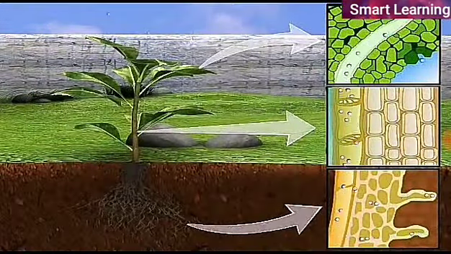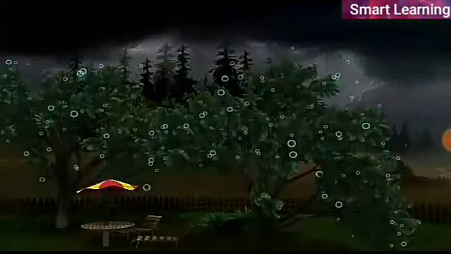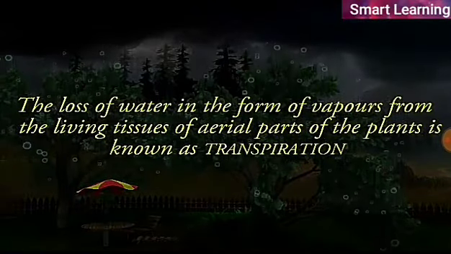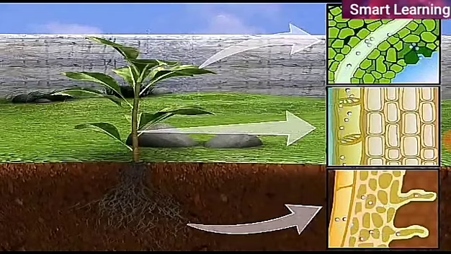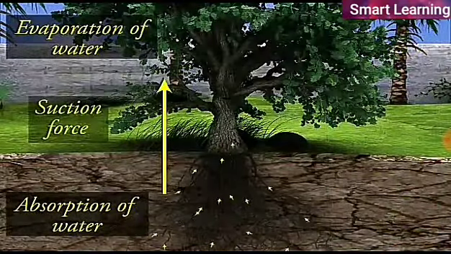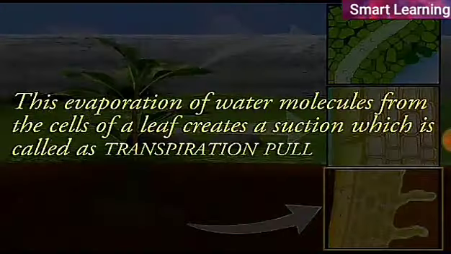Here, transpiration helps. The loss of water in the form of vapors from the living tissues of aerial parts of the plant is known as transpiration. This evaporation of water molecules from the cells of leaves creates a suction which pulls water from the xylem cells of the roots. This is known as transpiration pull.